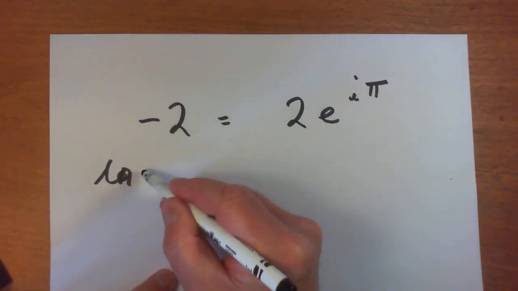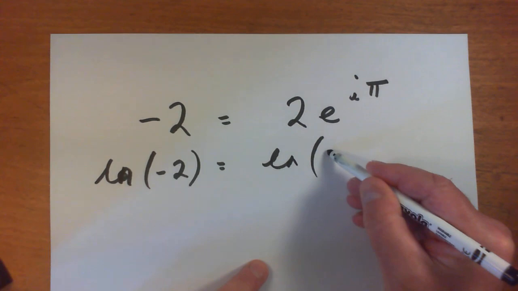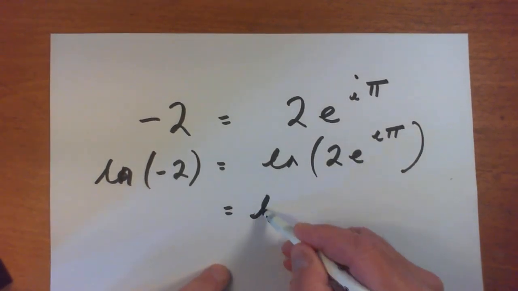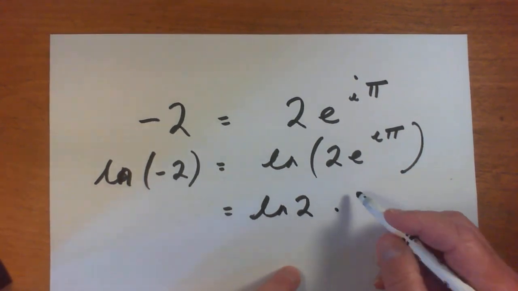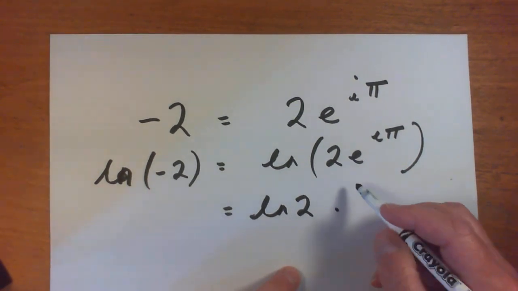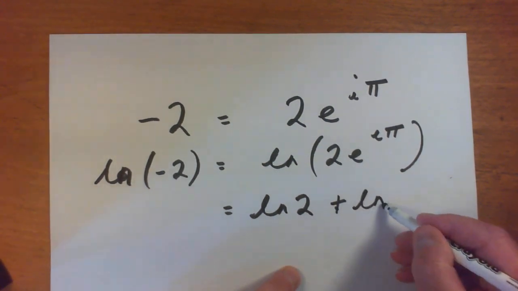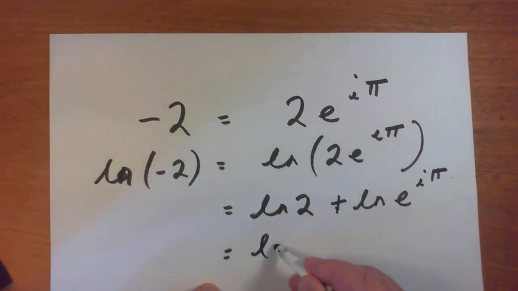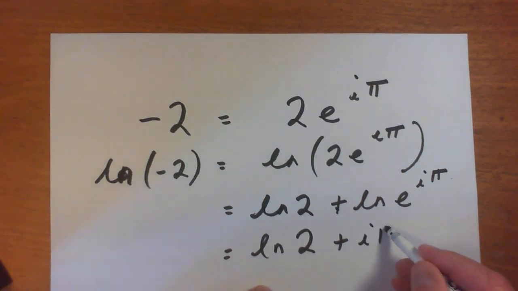I'll write ln(-2), natural log, equals ln(2e^(i pi)), which equals ln 2 plus the log of e^(i pi), which equals ln 2 plus i pi.